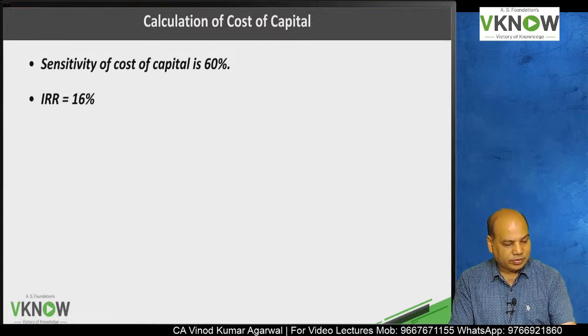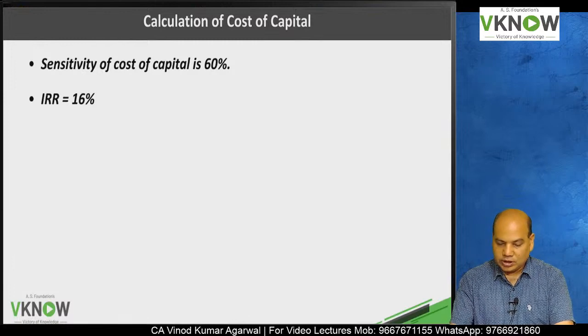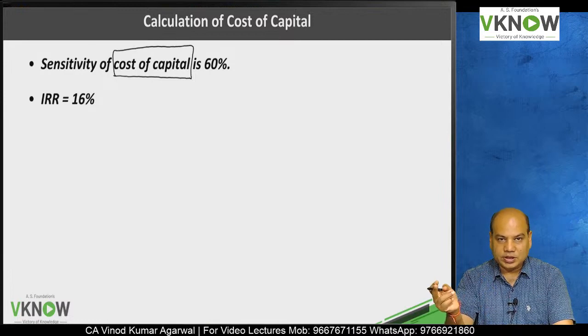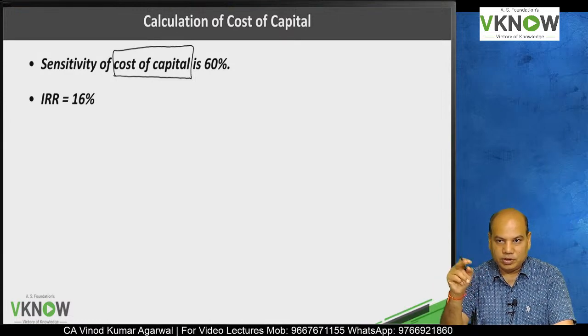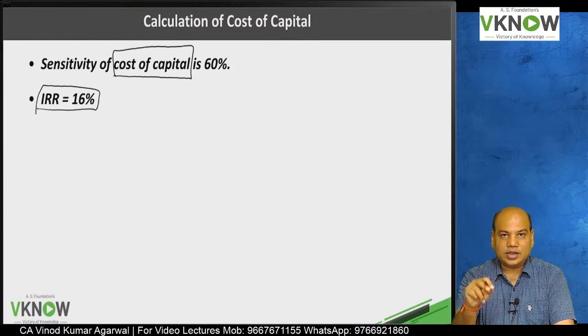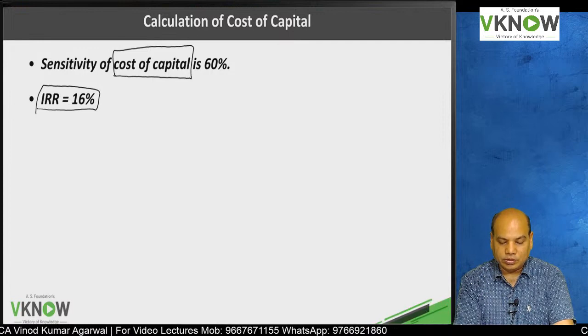IRR is 16%. What does that mean? It means if your cost of capital increases by 60%, NPV will be 0, and IRR of 16% means at that discount rate NPV will be 0.